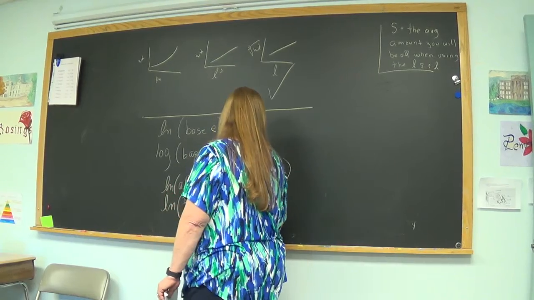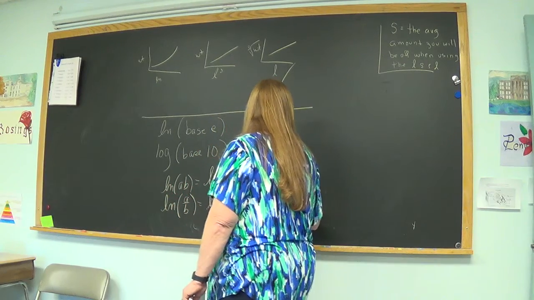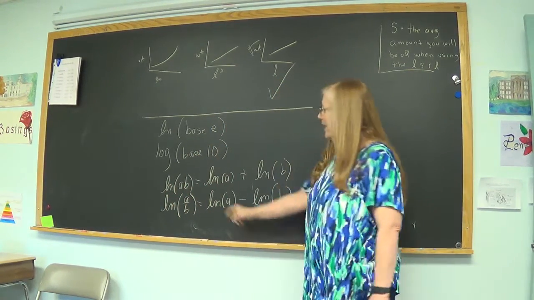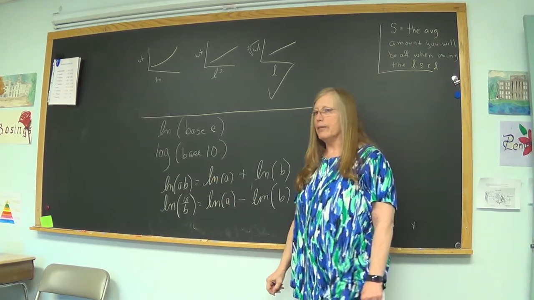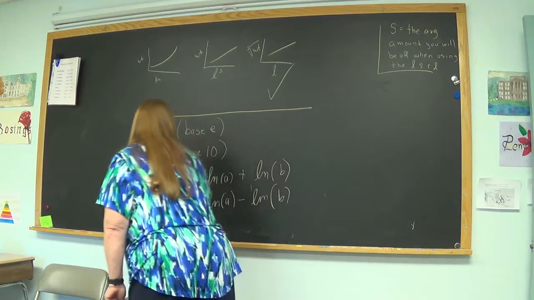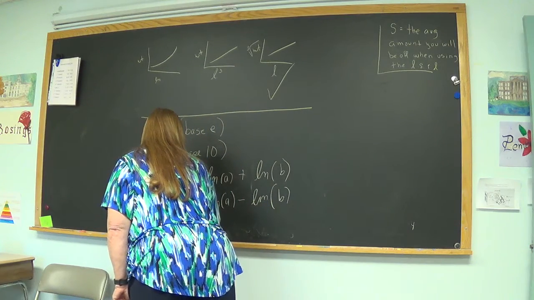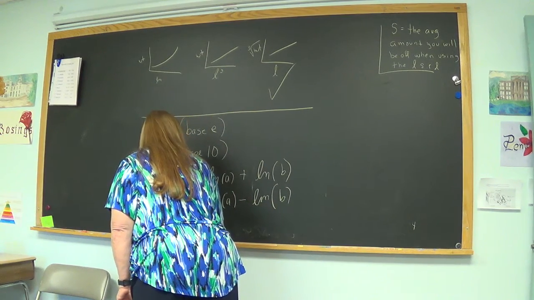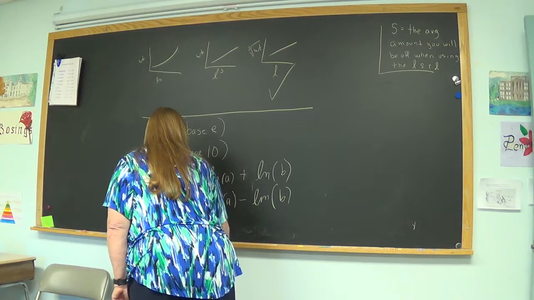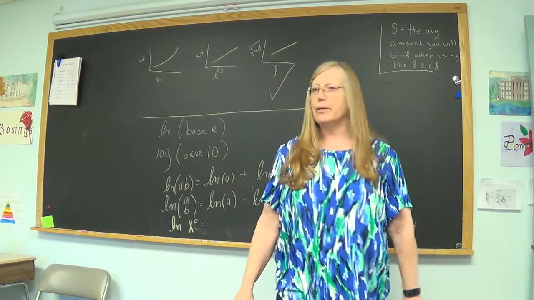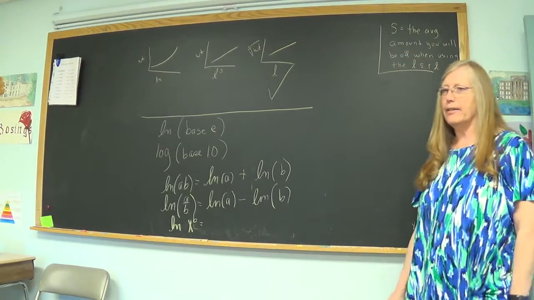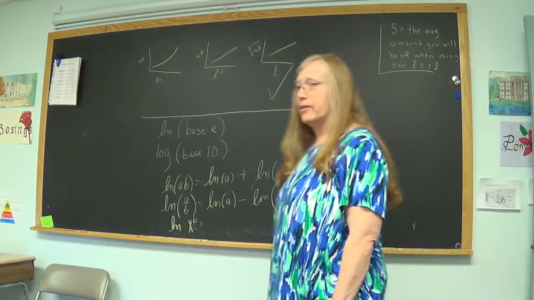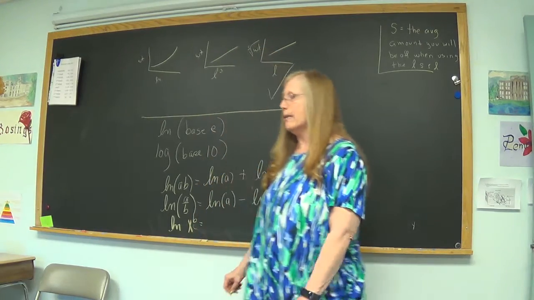Minus. Thank you. I could also put the word ln in and it will work the same. The third rule: the ln of x to the b has a special twist to it. Do you recall where else I can put the b?